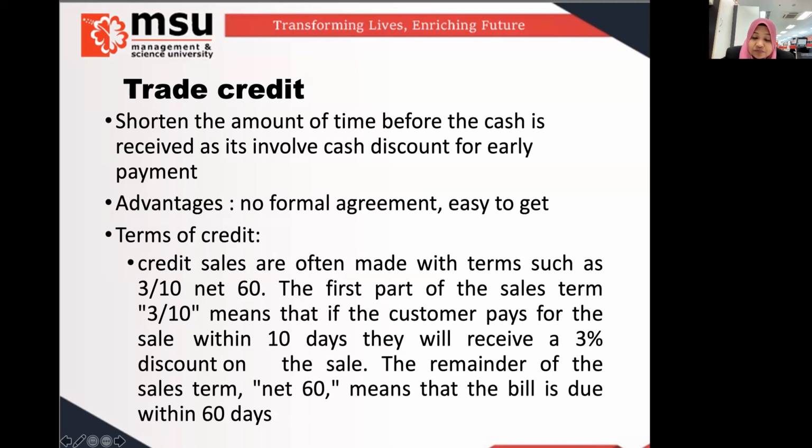You get what I mean? Because you get the 3% discount. However, if you pay after the 10 days, from day 11 until day 60, you need to pay in full, which is 100 ringgit. Okay, so that is the meaning.